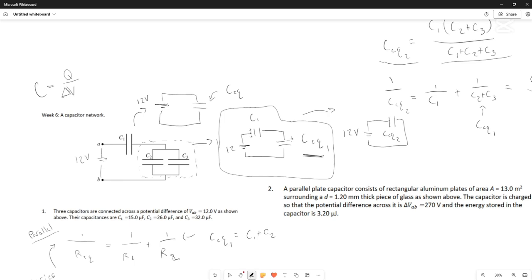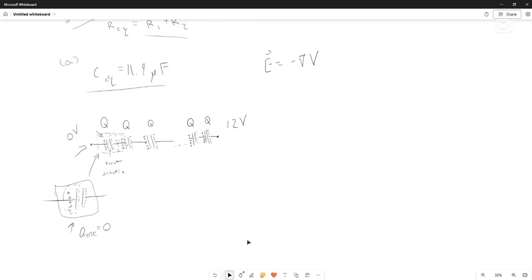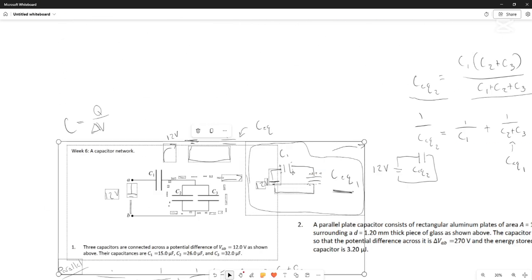This is positive, and that's negative, and that's negative. But we can exploit that to be able to get the charge on the capacitor C1, since we know that the potential difference overall in this circuit is 12 volts. And so that's what we'll use in order to figure out the charge on capacitor C1, is we'll use that second equivalent circuit that we drew.